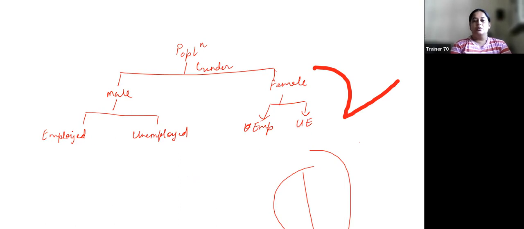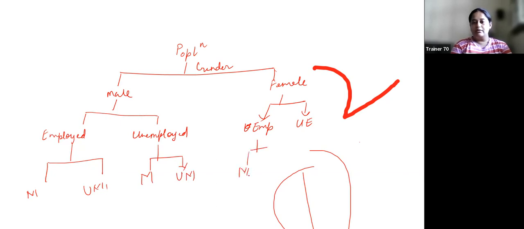After that, we again divided them on their marital basis, married, unmarried. Employed also married, unmarried. Similarly here, married and unmarried. Here also married and unmarried. So this is called manifold classification.